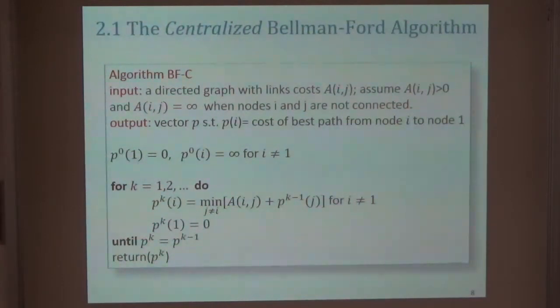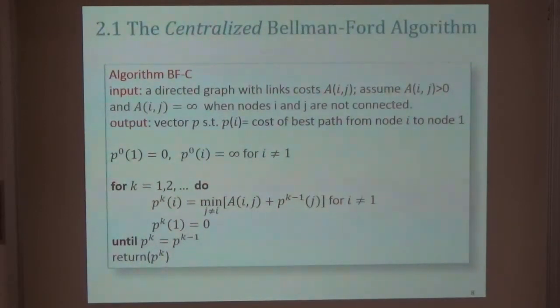So if I want to go to 1, I look at all the j's. Of course, the only j's that I'm interested in are the ones that have a finite link cost. So if j is not a neighbor of i, Aij is infinite, so we don't need to look at it in this computation. So I go to all my neighbors, j.